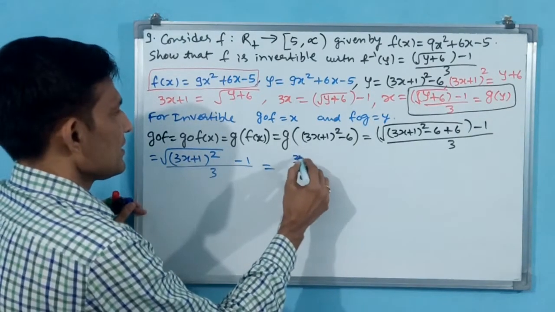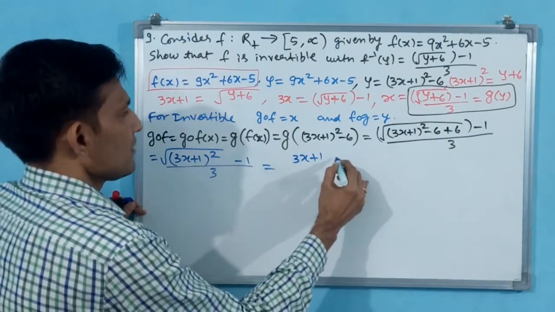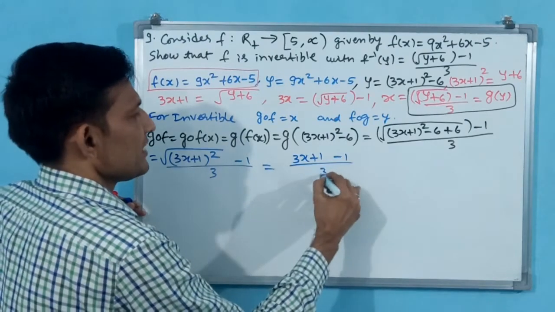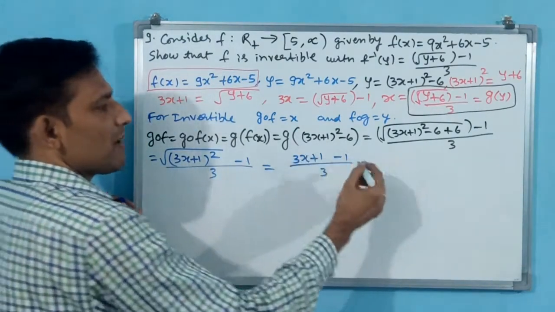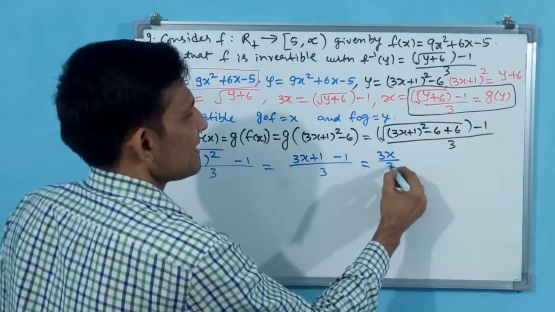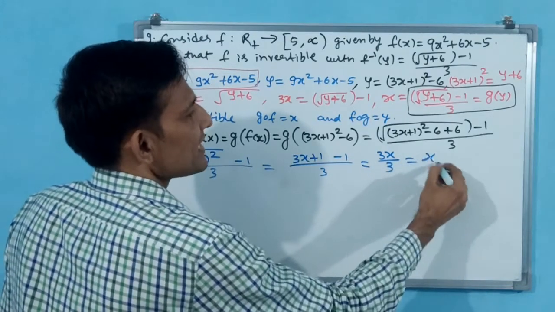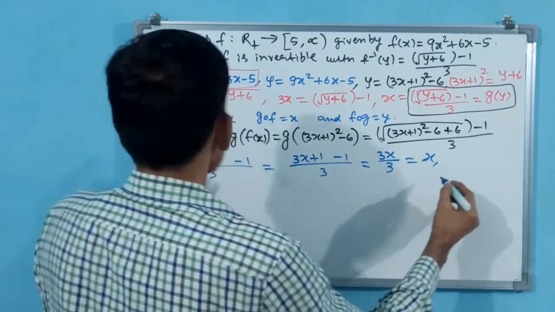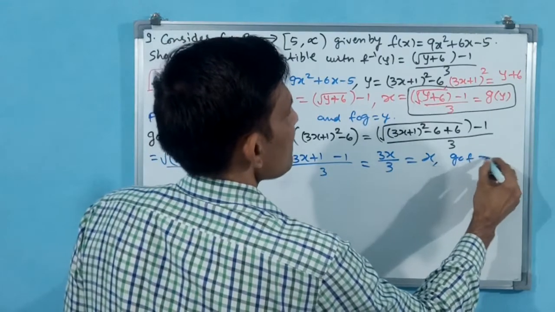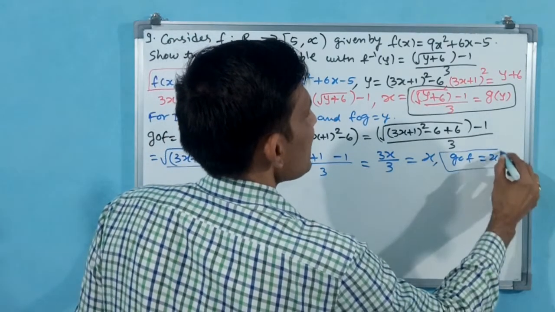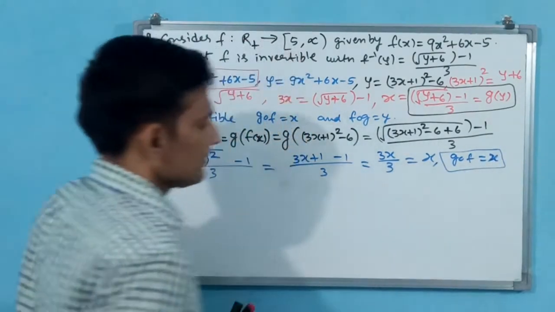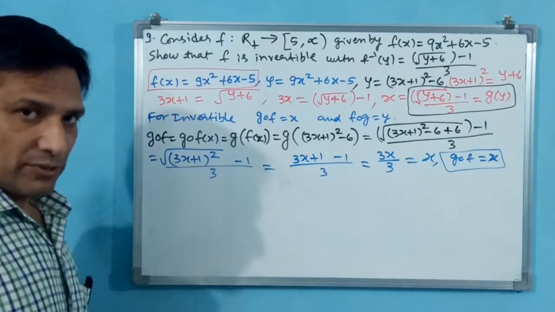That means 3x plus 1 minus 1 by 3. Plus 1 minus 1 gets cancelled. 3x by 3, the 3 gets cancelled. x. Then what have you received? GOF is equal to x you have received. LHS is equal to RHS. Okay, one result has come to you.